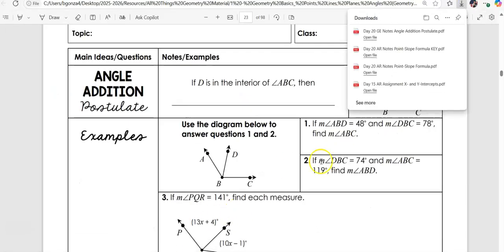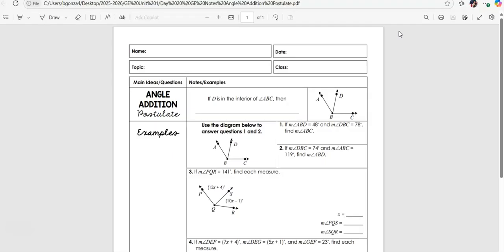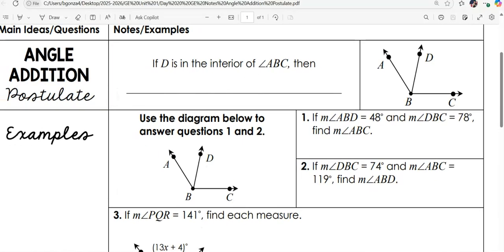Okay, here we go. Let me pass this out. 20. P4. Here, 40. All right. No.